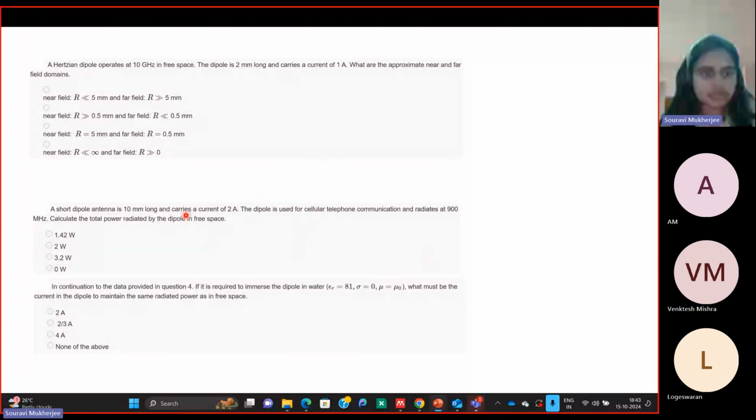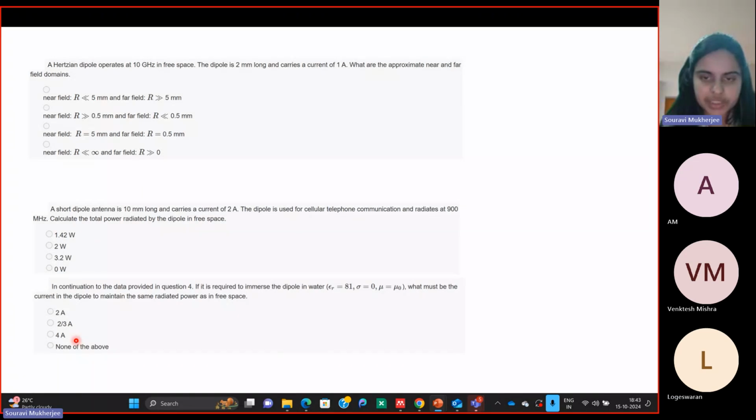What information is provided? The dimension of your dipole is known, the current is known, and the frequency is known. If the frequency is known and it's in free space, what is the relation between the frequency and the wavelength? It's related by the velocity of your wave.